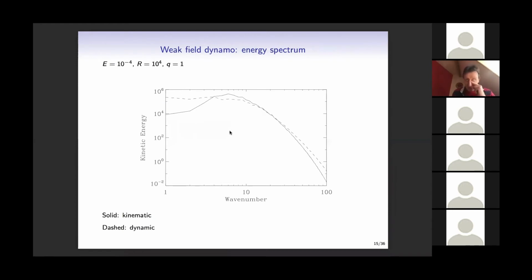In terms of the energy spectrum for the magnetic field, the solid line is the kinematic flow, and it's peaked here, representing that cell size that we saw in the right hand of those pictures earlier.